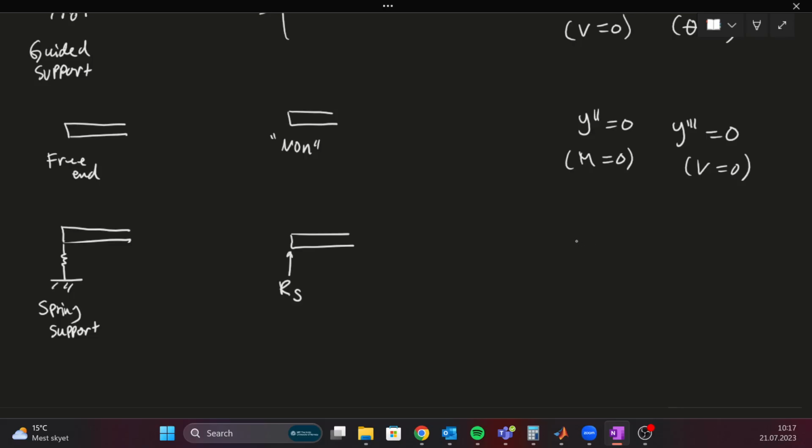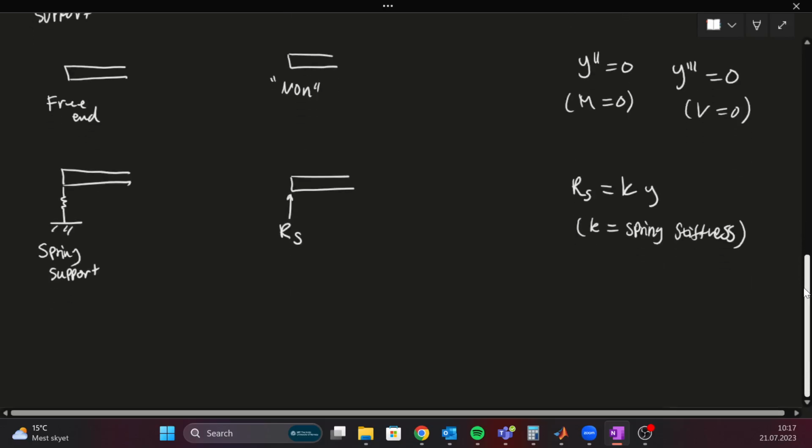So the boundary condition: this RS is equal to K times y, where K equals the spring stiffness. Okay.